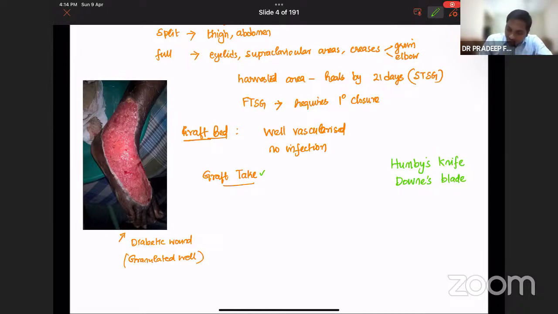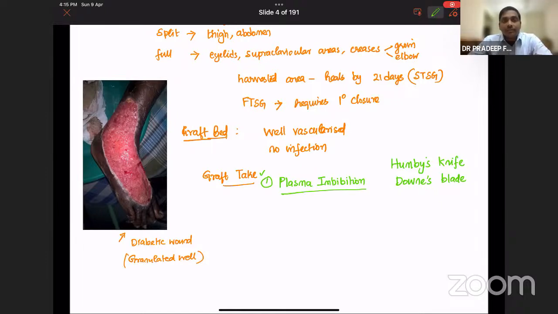So the graft take usually occurs in 3 phases. Number 1 phase is called plasma imbibition. Once you place the graft over the granulation tissue or the wound, there occurs plasma imbibition.